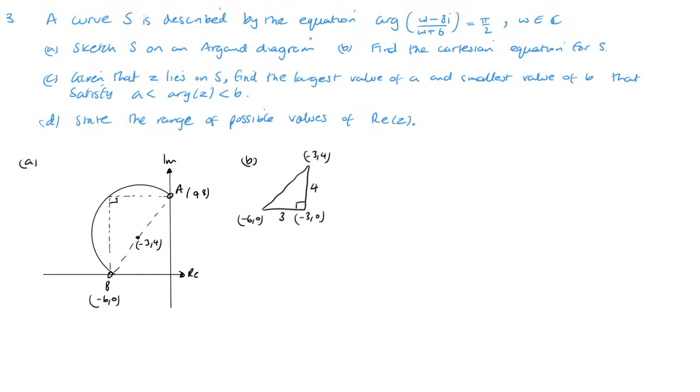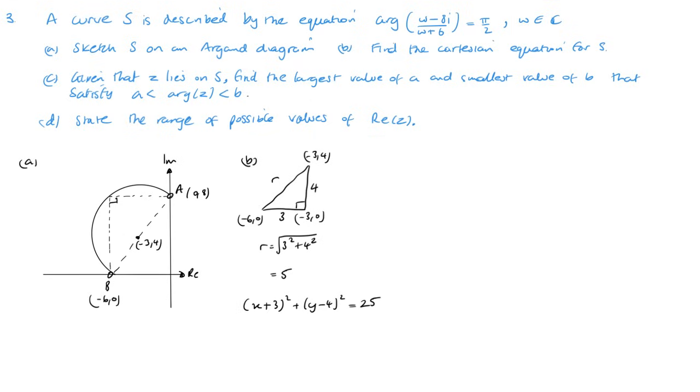So using Pythagoras, the radius here is going to be 3 squared plus 4 squared, square rooted, which is just 5. So knowing that, I can say that it is (x plus 3) squared plus (y minus 4) squared equals 25.